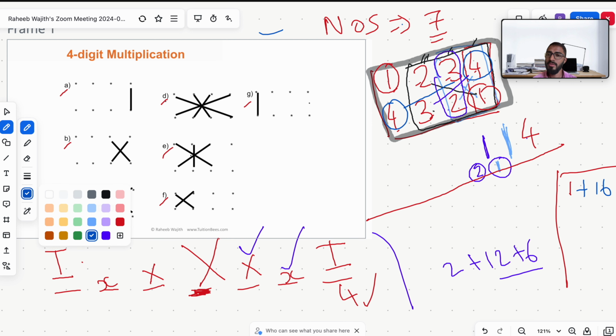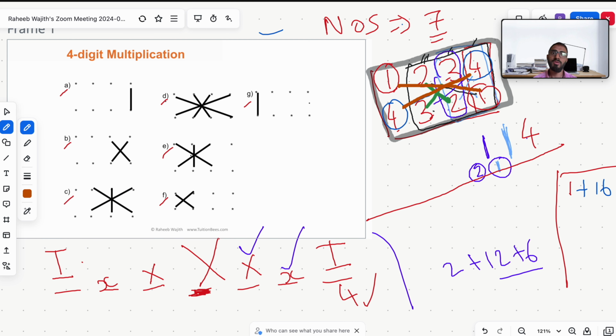And now these 2 numbers, 2 into 2, and 3 into 3. Okay, so these 2 numbers, and these 2 numbers at the center.